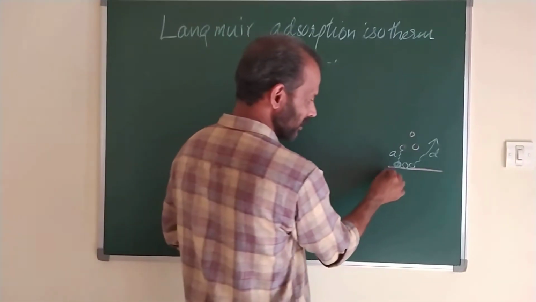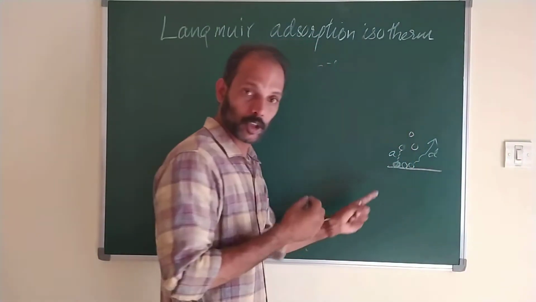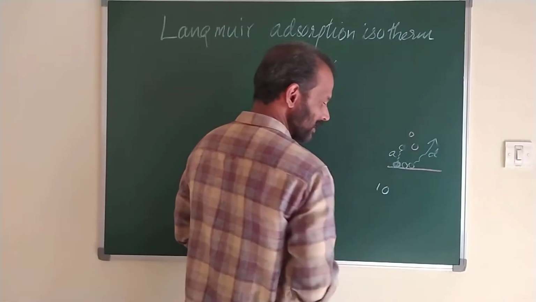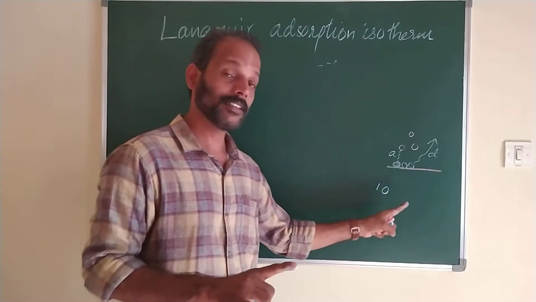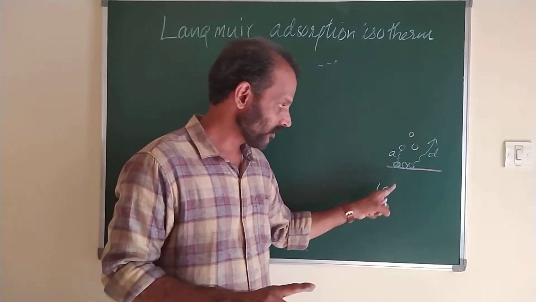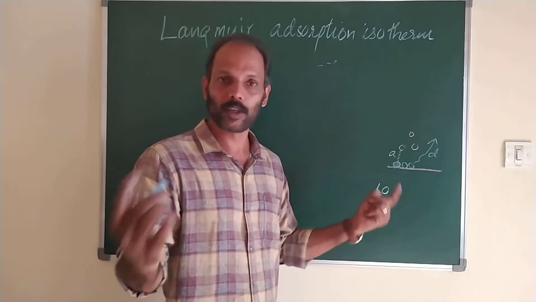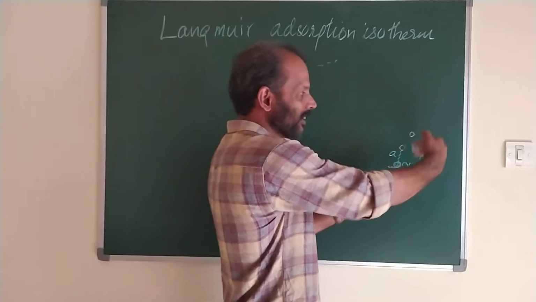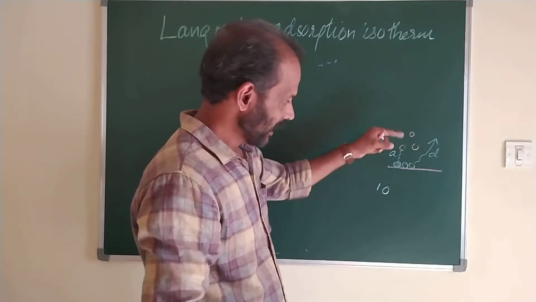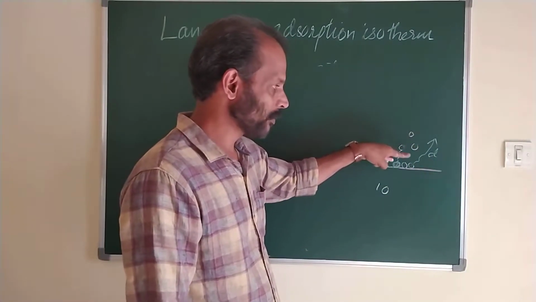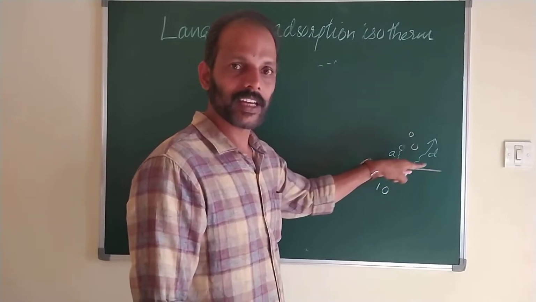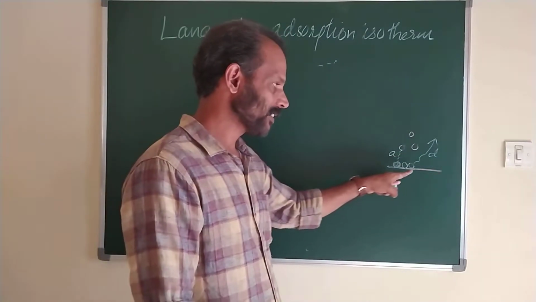Suppose this is the adsorbent surface and the total number of sites is 10. Out of 10, 3 are already occupied. Again molecules are coming. Then the rate of adsorption depends upon the vacant sites available. How many vacant sites are available?